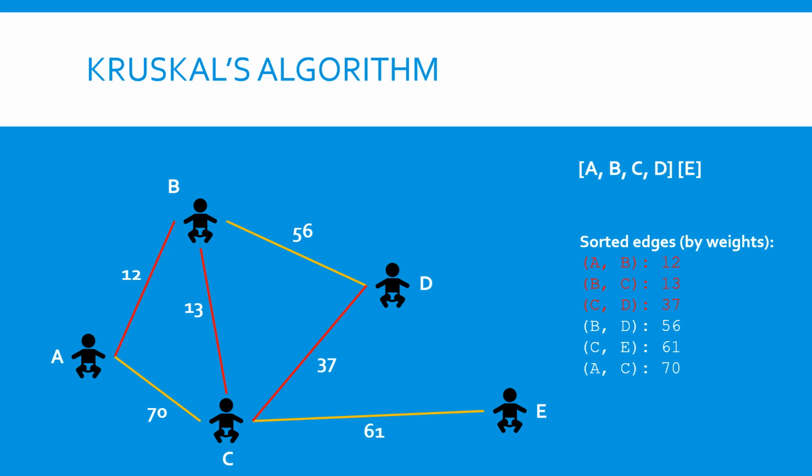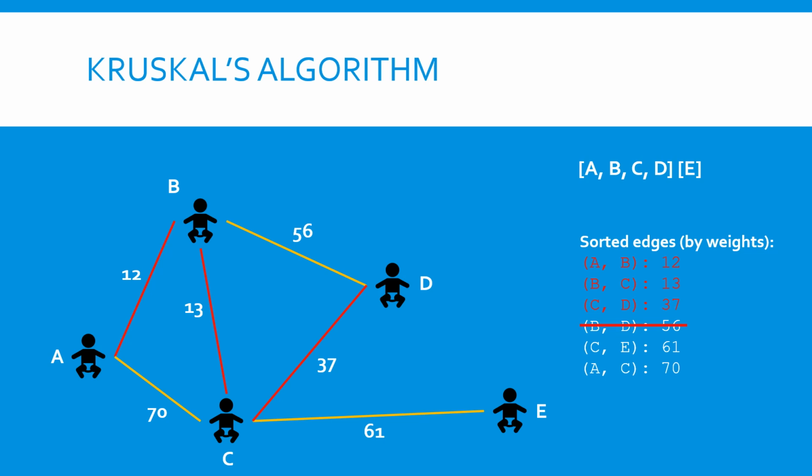Now, for the next edge, BD, we see that the nodes B and D are in the same set, which means taking the edge will create a cycle. In this case, we will not include BD. We mark BD for deletion. Next, for the edge CE, it connects nodes C and E that are in different sets.